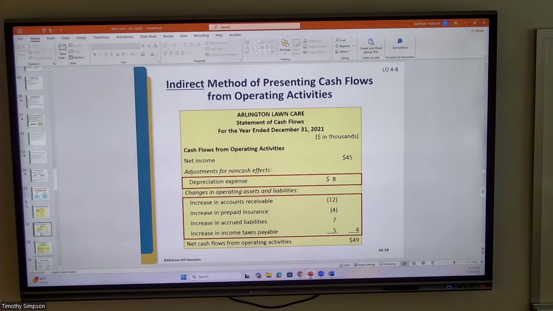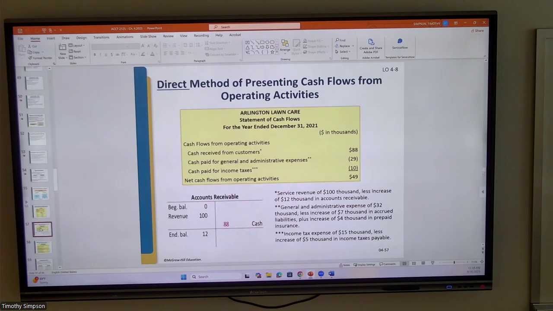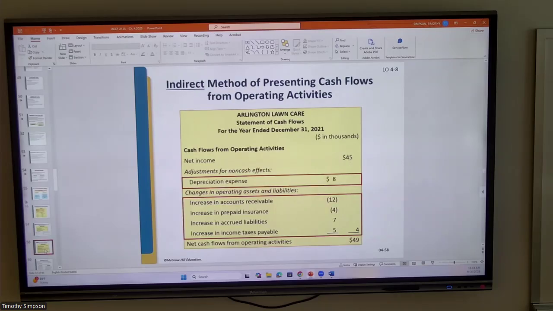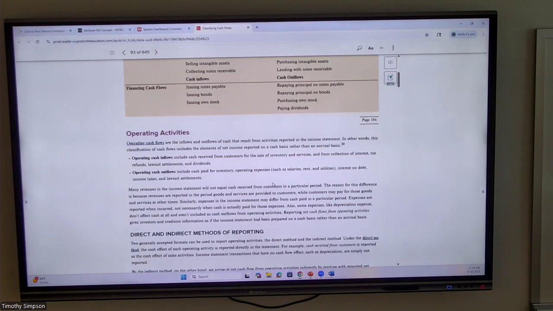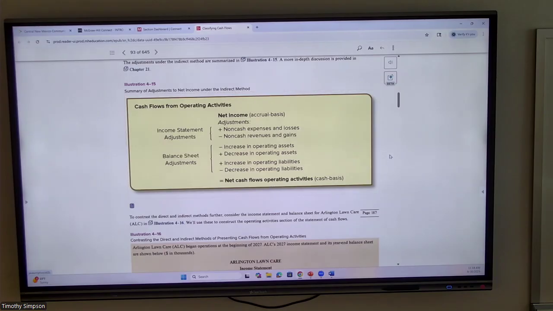So here we get the same dollar figure in both cases, and we can compare one to the other, and we end up at the same dollar amount. It's an effort at saying, okay, we have different methods of getting there. Illustration 415 is really your guidepost for the indirect method, okay? So kind of mark this one as well if you can, however you want to do it.